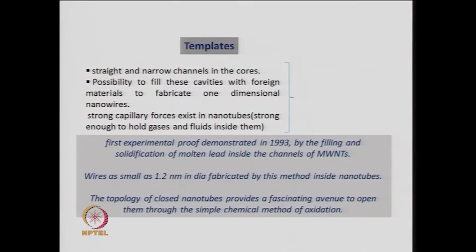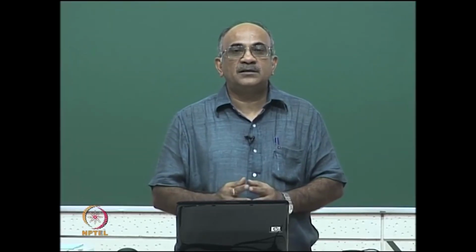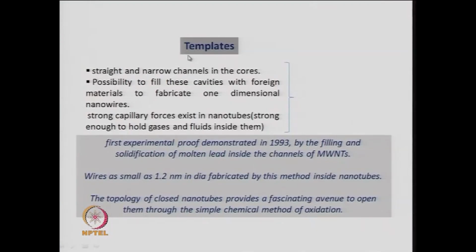So, if you are able to put some copper inside the hollow carbon nanotube, and then you remove or burn off the carbon, then what will remain is a copper nanowire. So, nanotubes can be used as templates. Now, strong capillary forces exist inside the nanotubes, which help in holding the gases and fluids inside them.